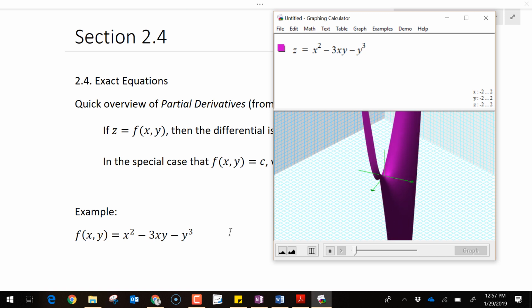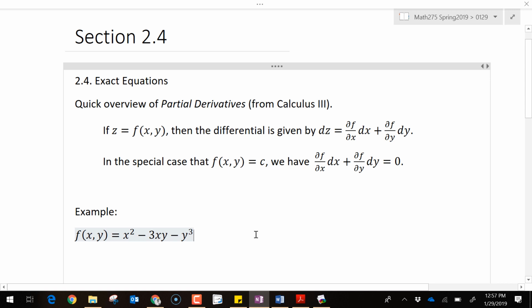So let's find a differential of this. What's the differential of this going to be? Imagine that this is equal to z. So just call it dz.